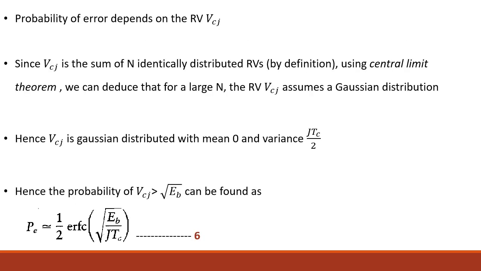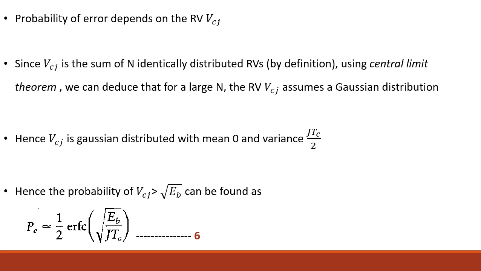From the expression for probability of error, we know that the probability of error depends on the random variable capital VCJ. We had modeled VCJ as the sum of n IID random variables, as we had seen earlier. Now we apply the central limit theorem, and for a large value of n, it says that the random variable VCJ has a Gaussian distribution.